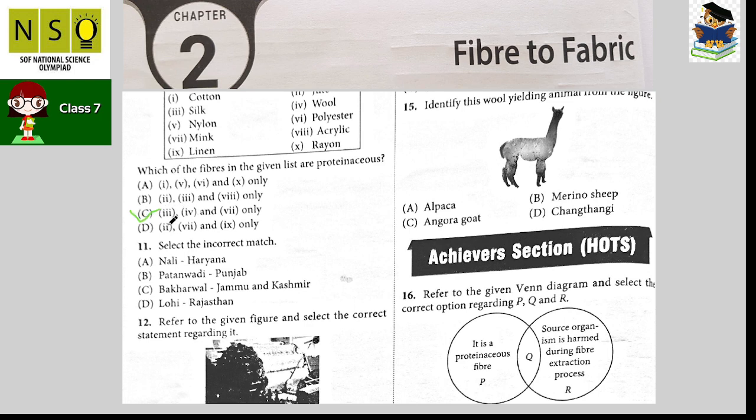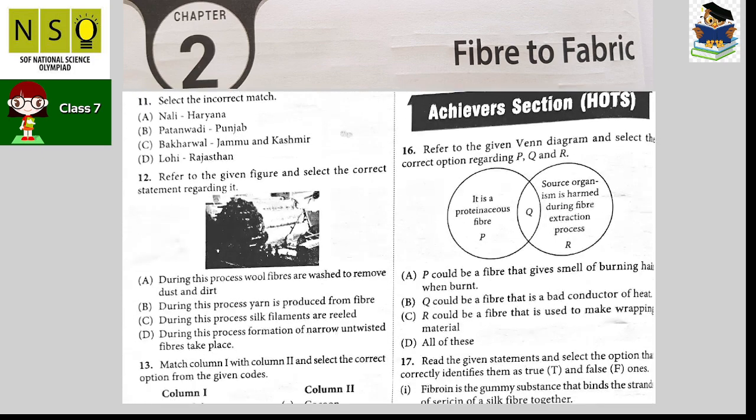It says silk, wool and mink. These three are the proteinaceous fibers, because they are animal fibers, so they are proteinaceous in nature, while nylon, polyester, acrylic and rayon are synthetic fibers, and fibers like jute, cotton and linen are plant fibers.